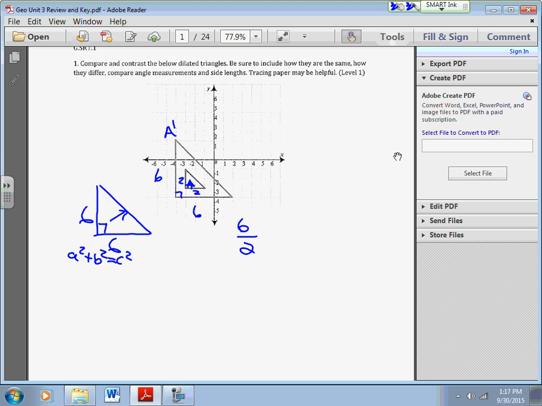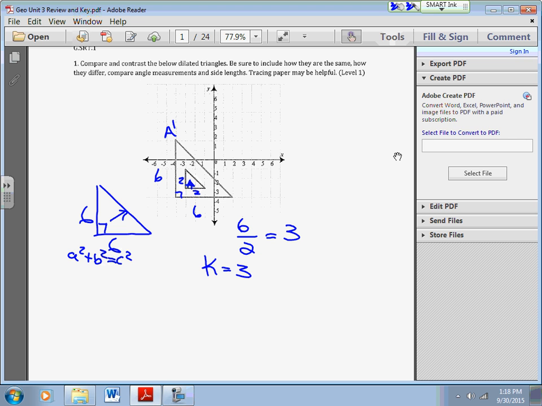Both sides are 2s on the small one and both are 6s on the big one. If it's an enlargement, you have to do the new image numbers over the original image numbers. 6 over 2 reduces to 3. So the scale factor would be labeled with the letter K equal to 3.